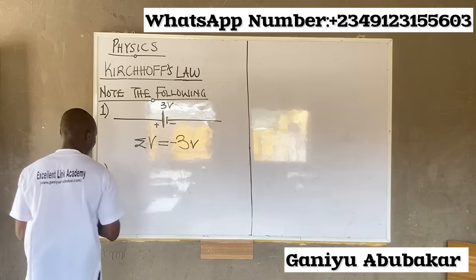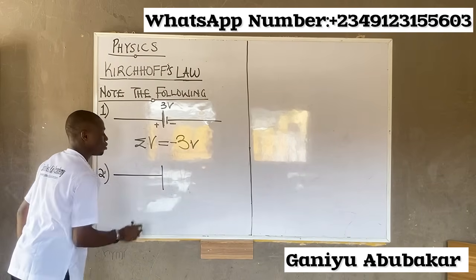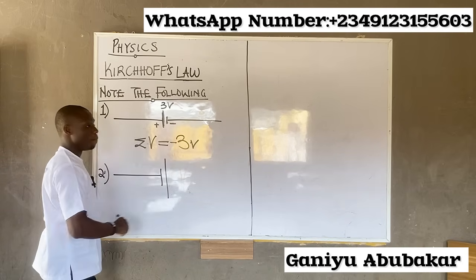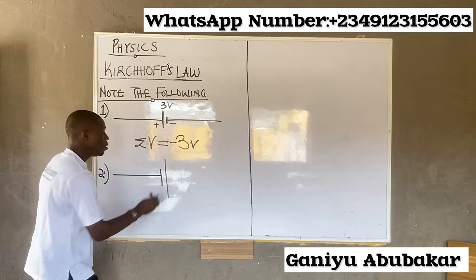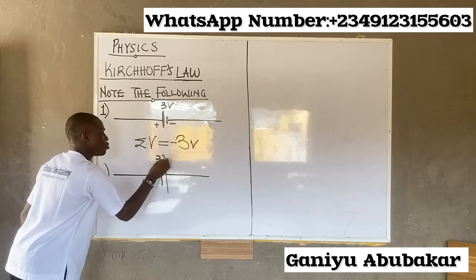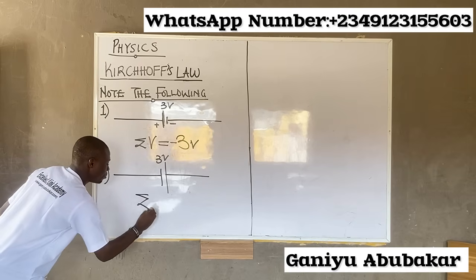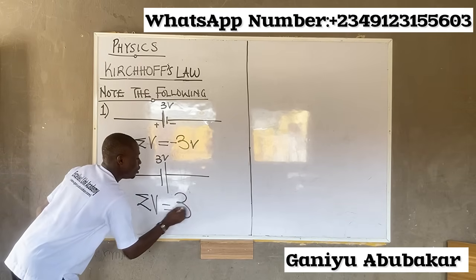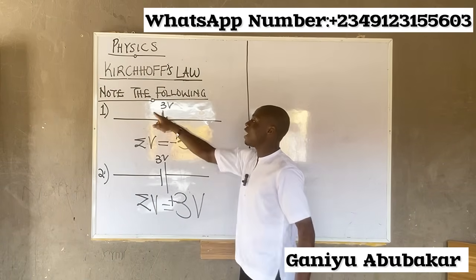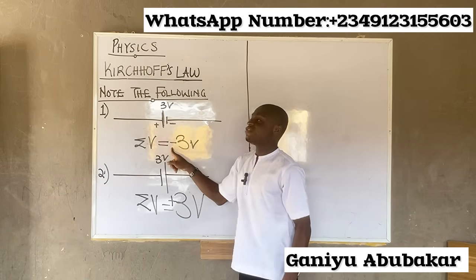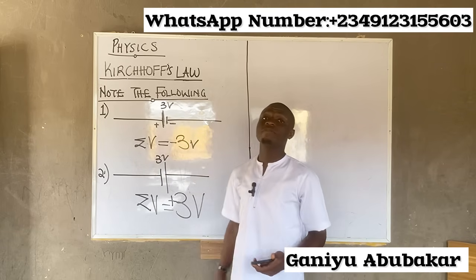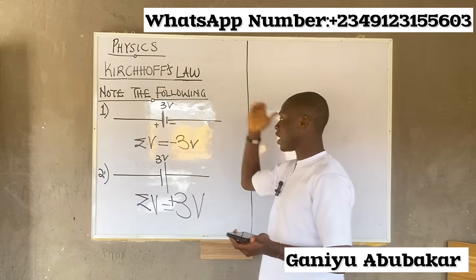So if I have my voltage this way, moving from a lower to a higher potential, and let's say here is 3 volts, the summation of V will be positive 3 volts. So observe that if it's moving from high to low, I have negative volts. If it's moving from low to high, I have positive volts. So these are the first and second things to note.